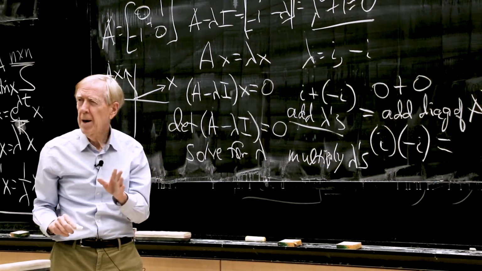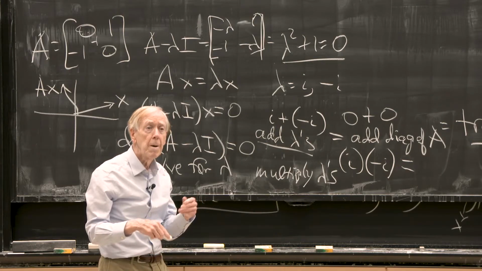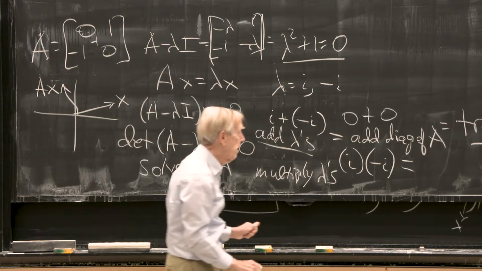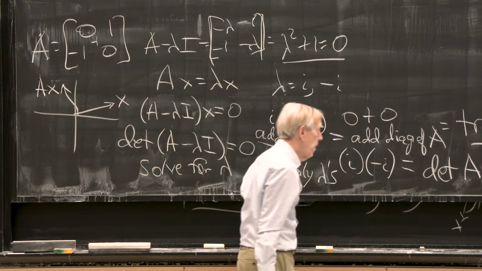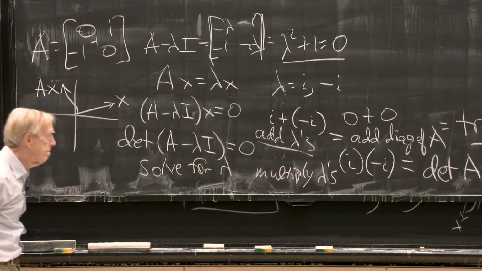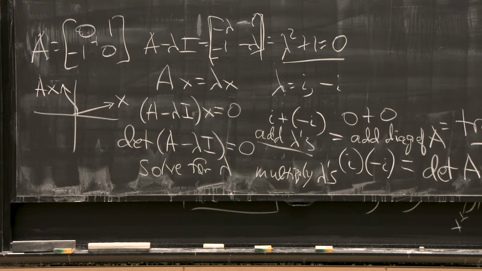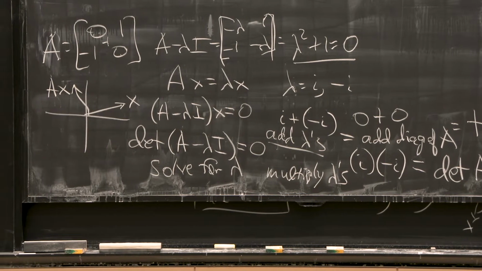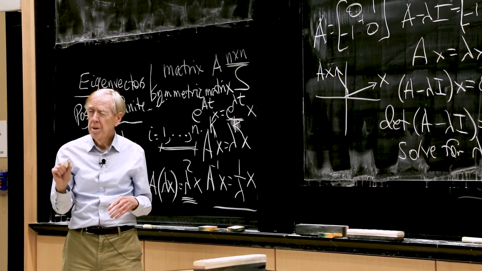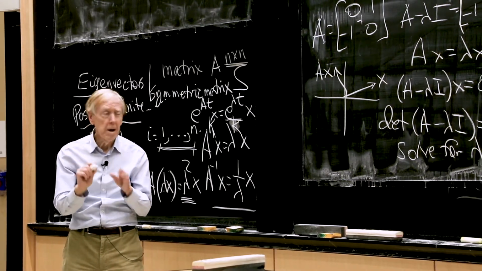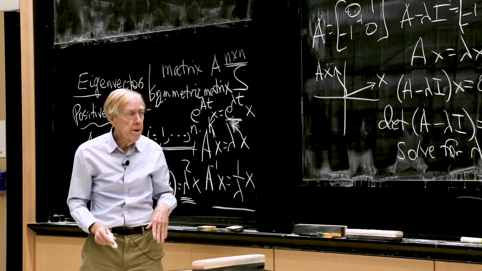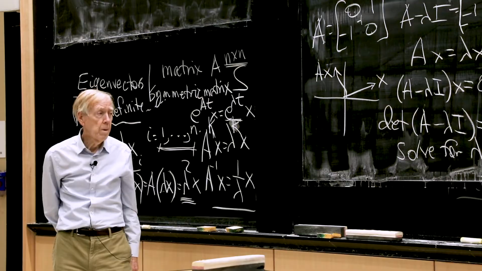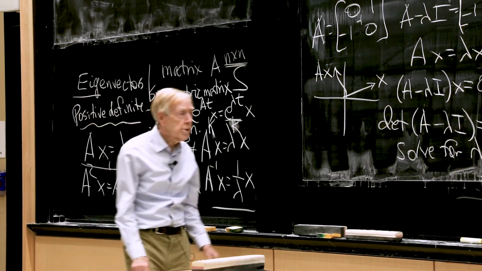If I multiply the eigenvalues, I should get the determinant of A. So that's 2 handy checks. Add the eigenvalues for any size, 3 by 3, 4 by 4, but it's only 2 checks. So for 2 by 2, you've got it. For 3 by 3, 4 by 4, you could still have made an error and the 2 checks could potentially still work. Let's just check it out here.